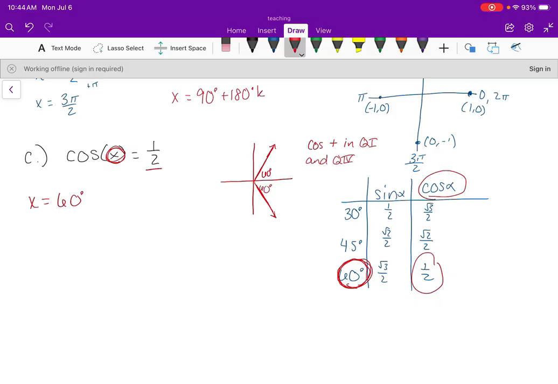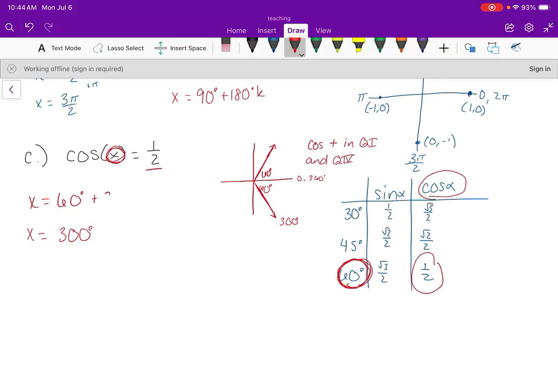So we not only need the angle in quadrant 1, which was 60 degrees, but we also need the angle in quadrant 4. My angle in quadrant 4 would be, this is 0 or 360. 360 minus 60 is 300. And now everything coterminal to each of these angles would also work.